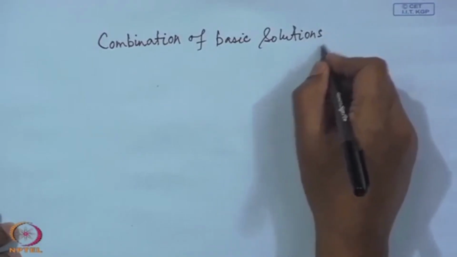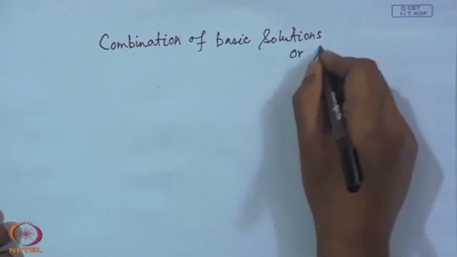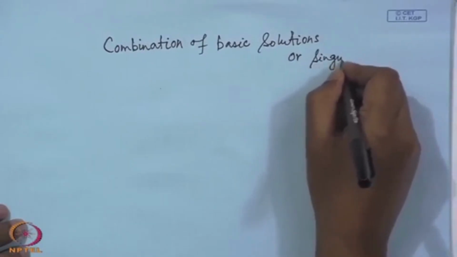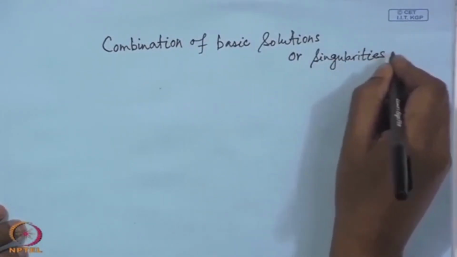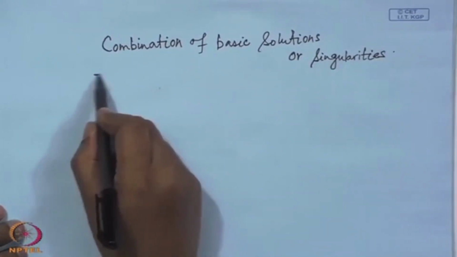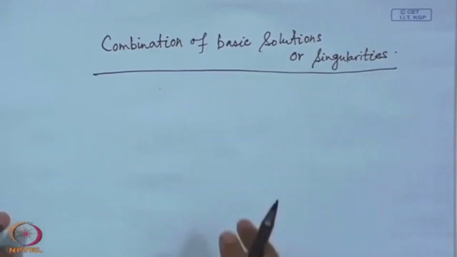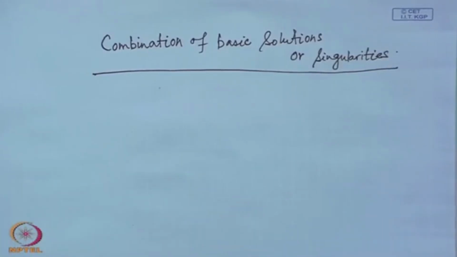As you can see that the basic solutions, that is source, sink, they are all singular at r equal to 0, or at the position of the source or sink neither the potential nor the velocity are defined, and hence they are called singular solutions.